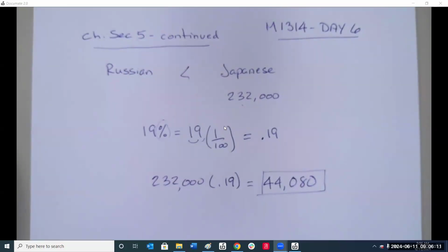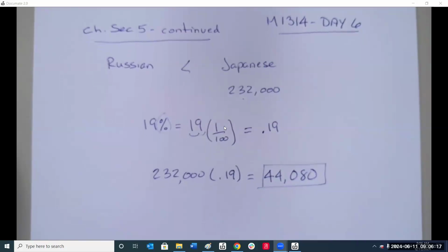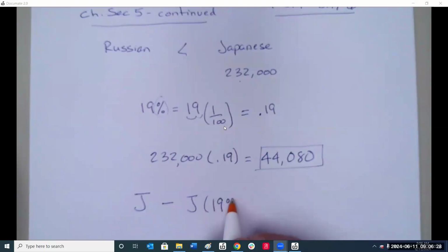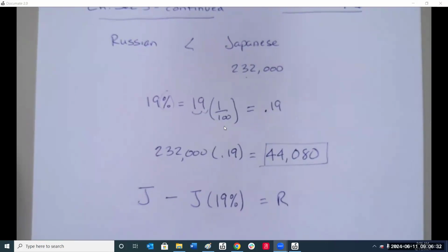Why add them? If I add them, it makes it bigger, doesn't it? Right. So the Japanese language minus 19% equals the Russian language.